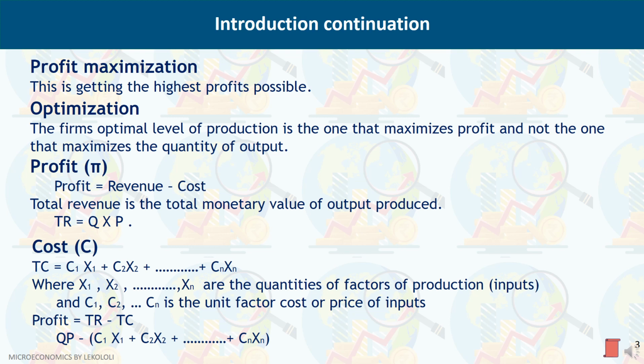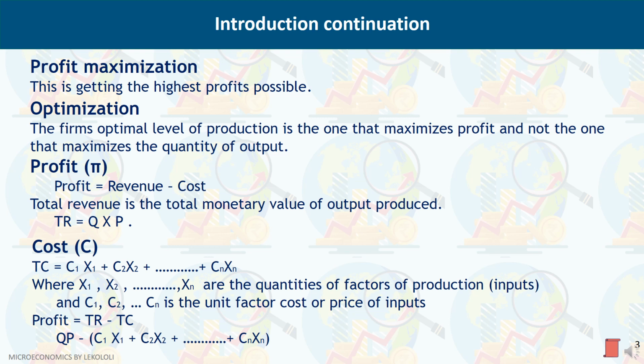Therefore, we are saying TC equals the cost of input 1 times x1, plus the cost of input 2 times x2, up to the cost of input n times xn, where x1, x2, up to xn are the amounts of inputs you use, and C1, C2, up to Cn are the prices of each input.